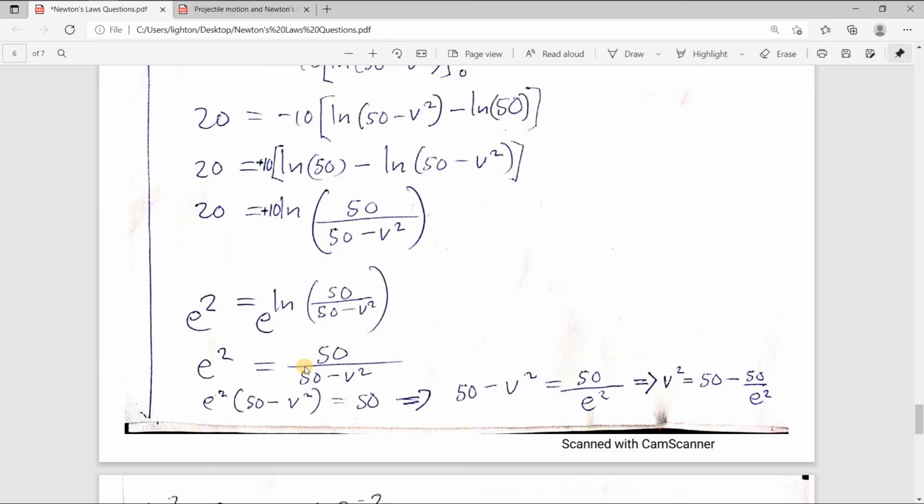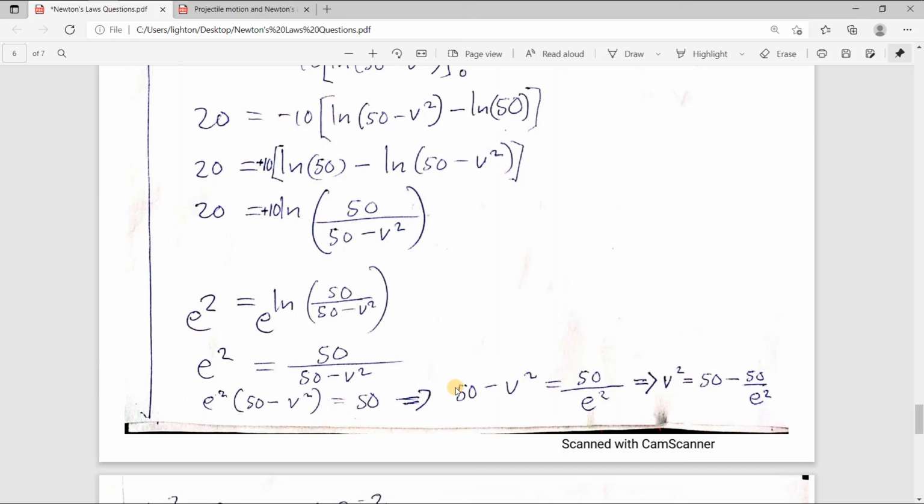Okay. Now from here it is easier to make v the subject of the formula. From here we can cross multiply to get this expression, and we can even make v squared the subject of the formula from here.